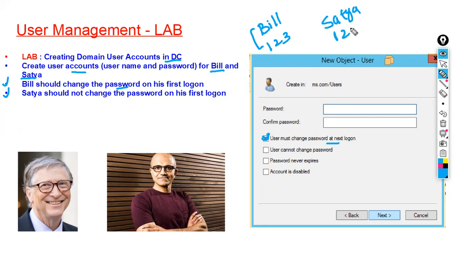We'll provide the password 123, and we will uncheck this option. If we uncheck this option, he will use our same password. Okay, the password which we have created for him, he is going to use the same password. He will not get the window to change the password at the first login. Later he can change manually, but he will not get the window at the first logon.